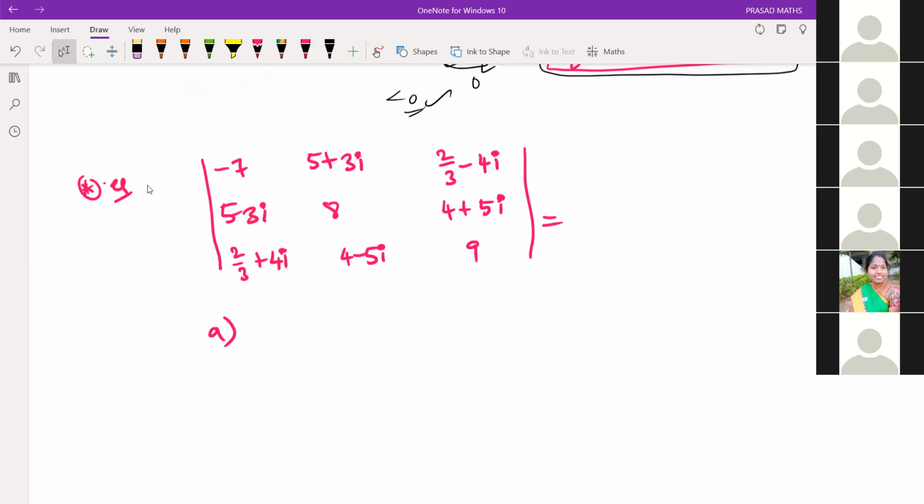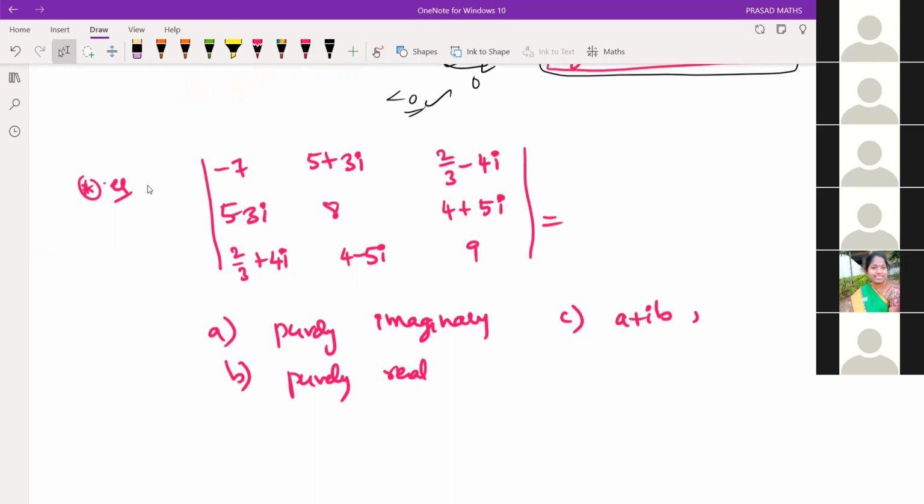Option A: purely imaginary. Option B: purely real. Option C: a + ib where b is non-zero. Option D: a + ib where b equals 4. Now tell me which option is right.